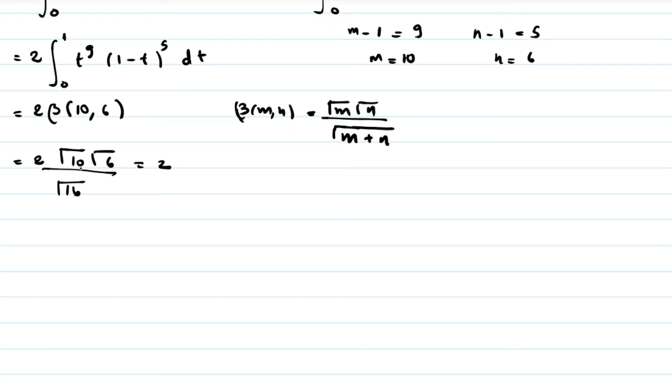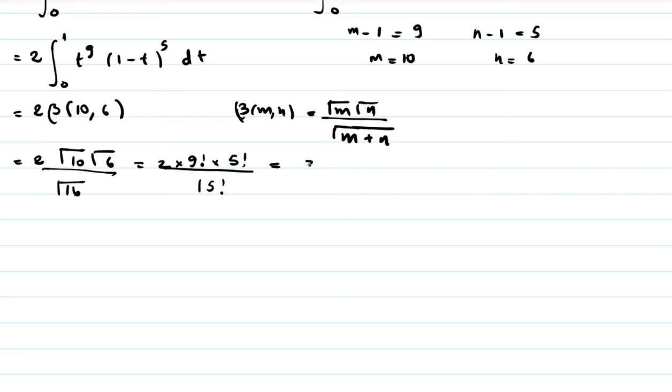So this is going to be equal to 2 into gamma of 10, which is 9 factorial, and we proved this in the video of the gamma function when we saw the properties. So this is 9 factorial into 5 factorial, which is gamma of 6, divided by 15 factorial. We have a video in which we prove all of this. Now you just have to solve this.